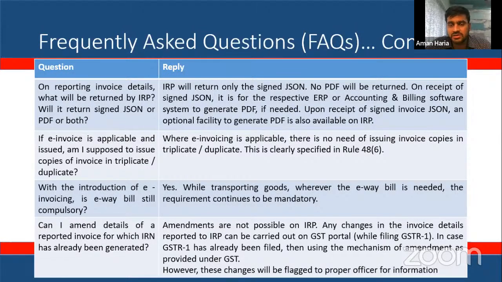The single invoice which is generated, that copy itself can be issued and used at all places. So does this mean that where e-invoicing is applicable, e-way bill is not required? For that question, the department has clarified that e-way bill, wherever it is compulsory as of today, continues to be mandatory even moving forward.